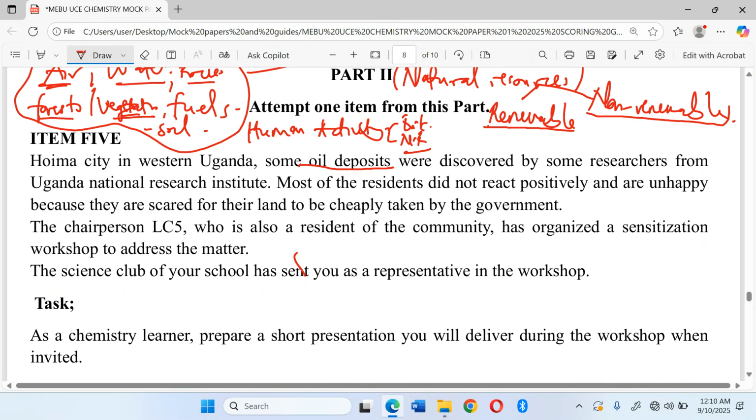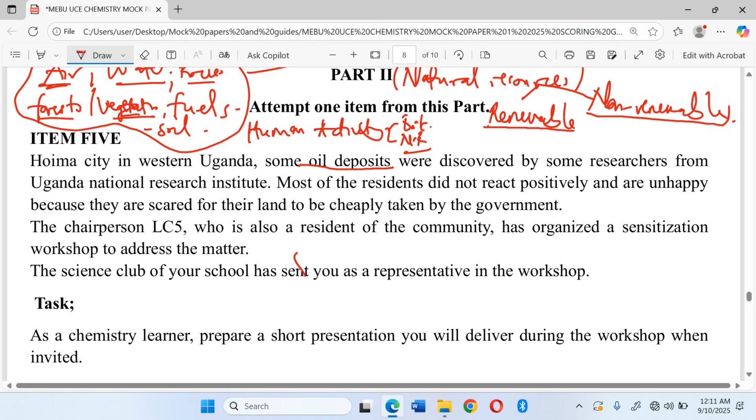The chairperson LC5, who is also a resident of the community, has organized a sensitization workshop to address the matter. The science club of your school has sent you as a representative in the workshop. As a chemistry learner, prepare the short presentation you will deliver during the workshop when invited.